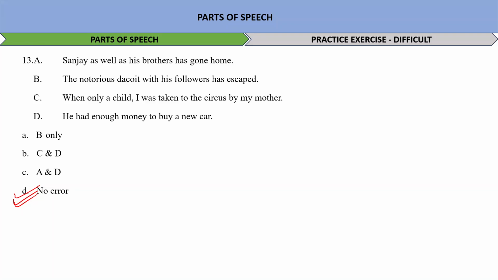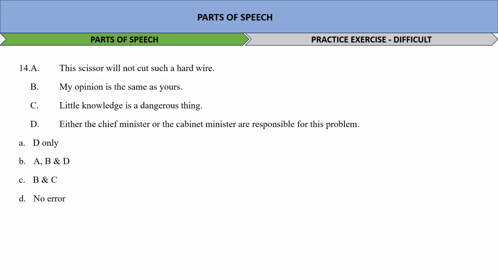Next question. This scissor will not cut such a hard wire. My opinion is the same as yours. Little knowledge is a dangerous thing. Either the chief minister or the cabinet minister are responsible for this problem. So in this question, I see there is a word used as scissor. It is never scissor. They are always in pairs. So it should be scissors, right?